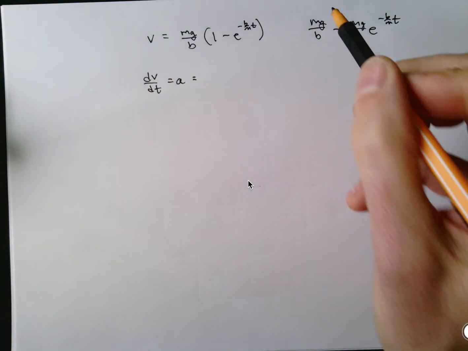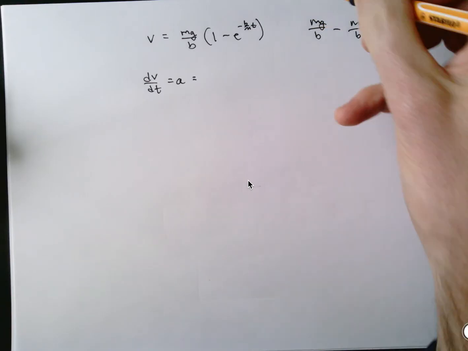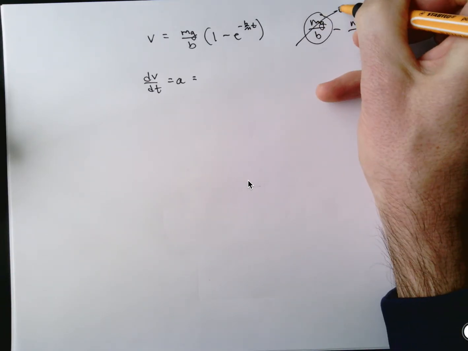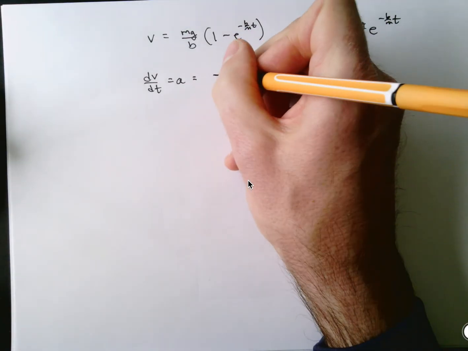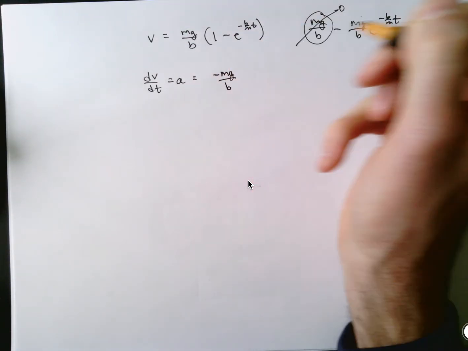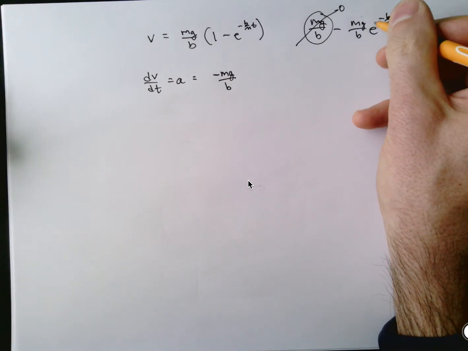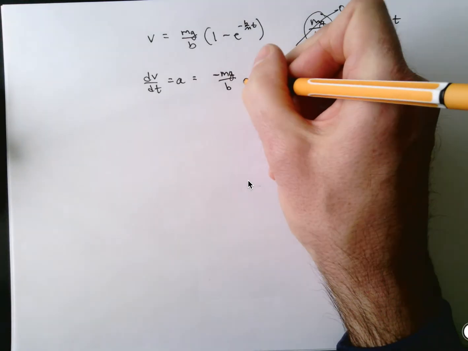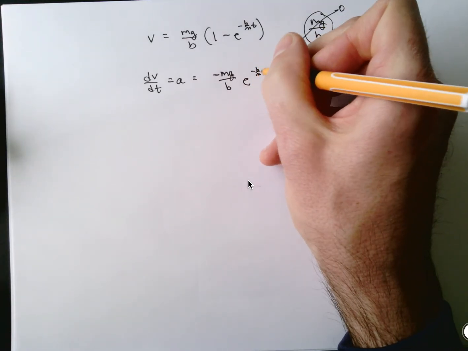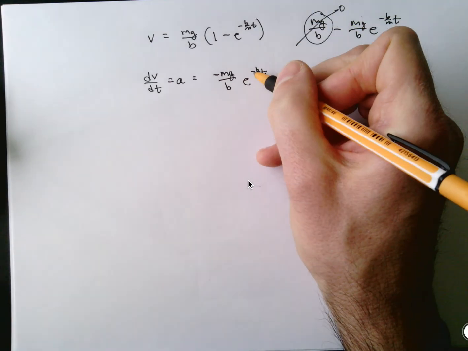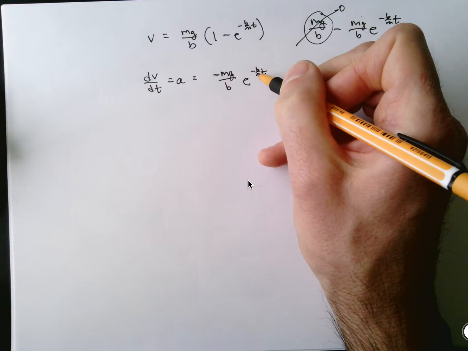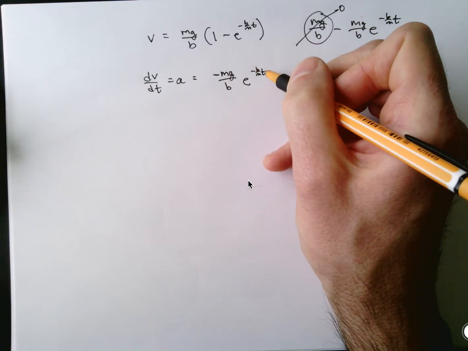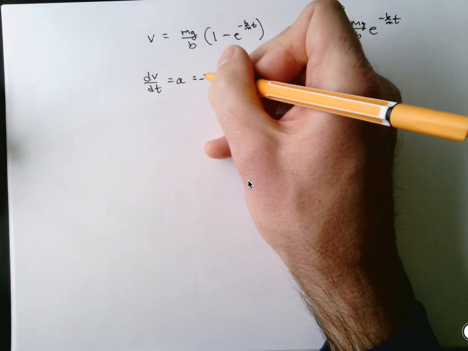Well, by the rules of taking a derivative, this is a constant. Derivative of a constant is 0. The negative mg over b is a constant part of that, so I'm just going to write that outside there. When you take the derivative of an e function, you still get e to the negative b over m t, but then you have to take the derivative of this part right here, where b over m is a constant, so the derivative of this is simply negative b over m.